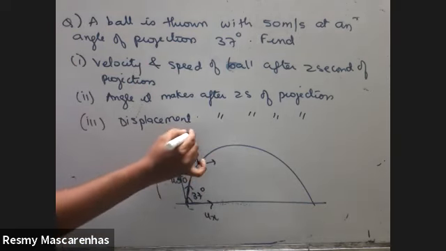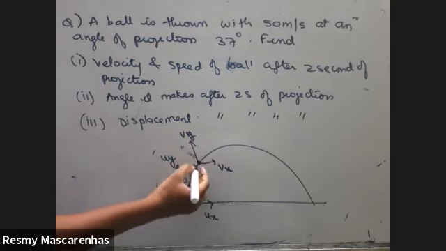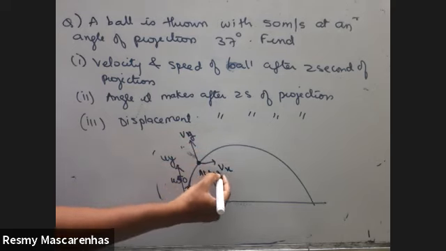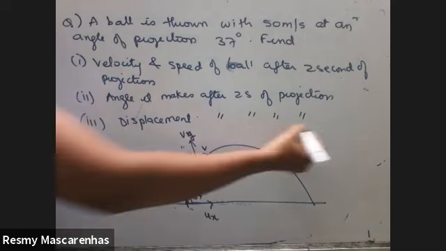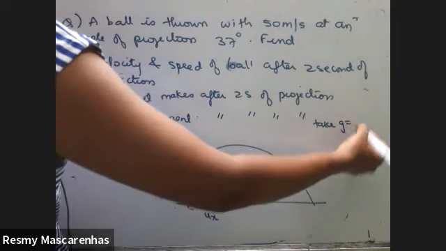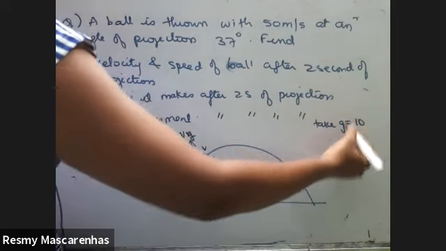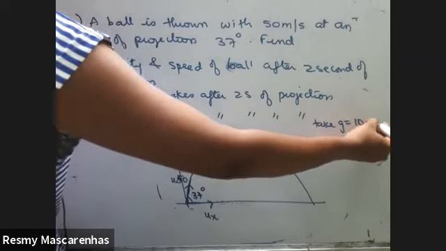This will be vy, this will be vx. We will consider at t equals 2. This must be your v. So we'll write all the data first, for the x-axis and the y-axis. We take acceleration due to gravity as 10 meters per second squared.